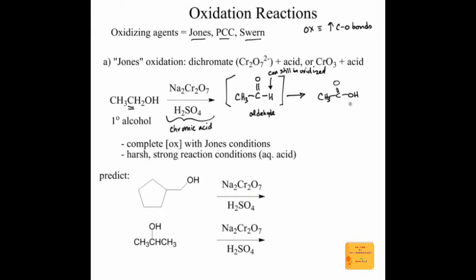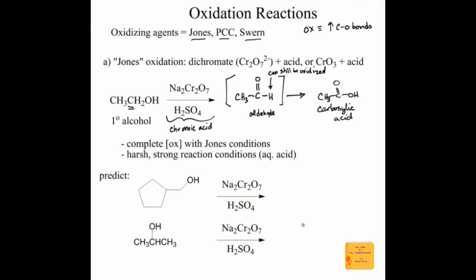So when we start with a primary alcohol like this, a primary alcohol has two hydrogens on the carbon bearing the OH. Both of those will get replaced with carbon-oxygen bonds, and the product we're going to get is a carboxylic acid. So we get, in other words, complete oxidation as much as we possibly can with Jones conditions. And these are fairly harsh, strong reaction conditions. We're dealing with strongly acidic conditions, aqueous conditions, and so this is a very extreme oxidation.